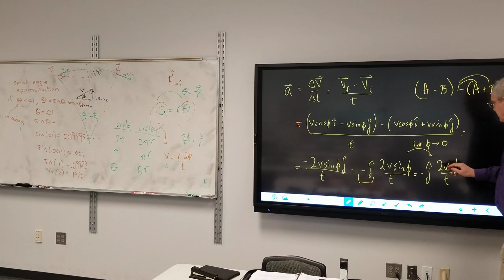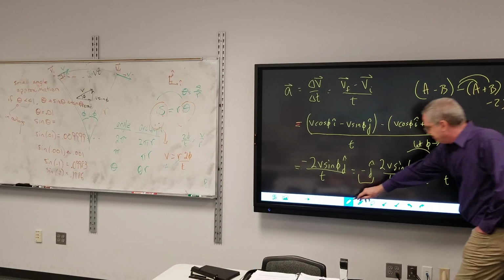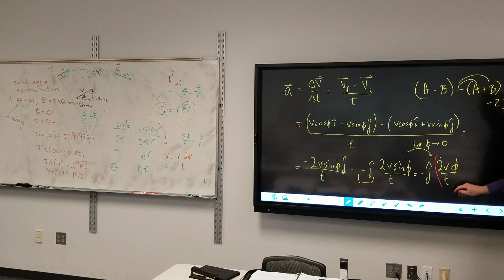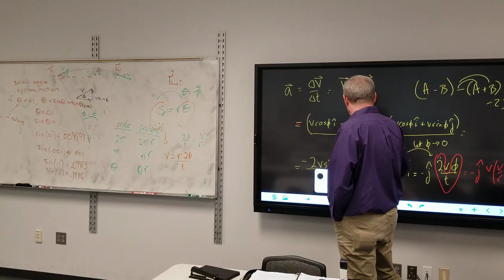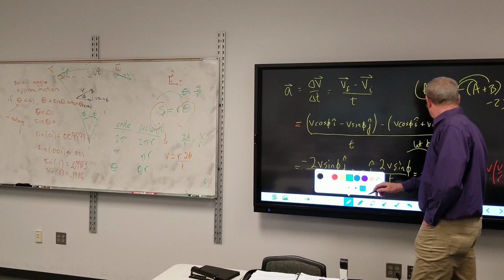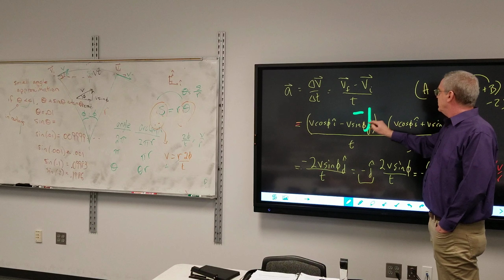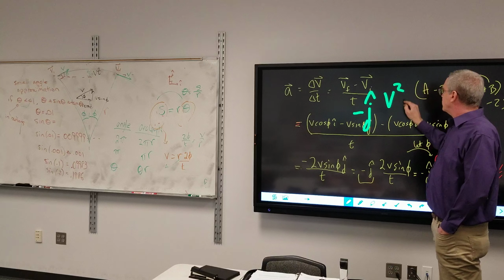So I'm going to take my 2 phi and substitute it in, my v over r. So what I'm left with is negative j hat v times v over r, or negative j hat v squared over r.